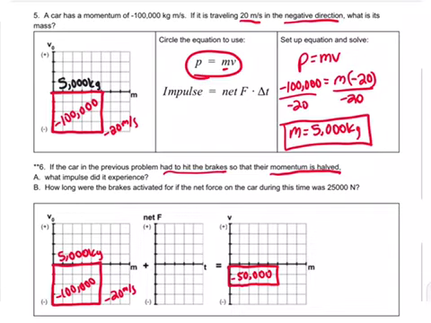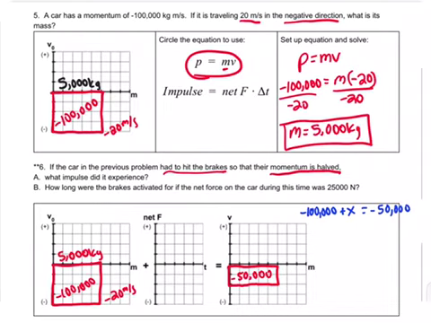First, we want to figure out what impulse the car experienced. Here's how you do this. What this problem wants to know is essentially what is going on in this chart here. In order to figure this out, all you need is to pay attention to this plus and equal sign here. What this problem says is negative 100,000 plus something we don't know is equal to negative 50,000.